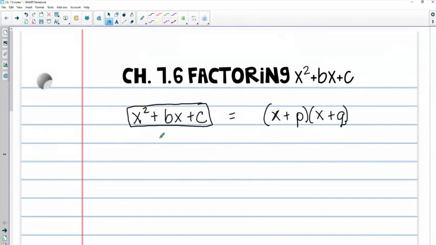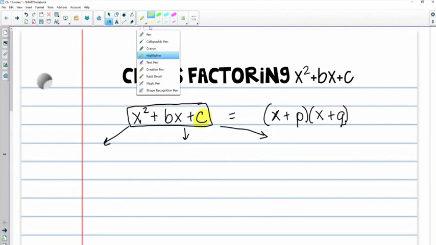So there were three different ways that this could be broken up, okay? C could be a positive or a negative number. So it just depends when you look at C what it is.